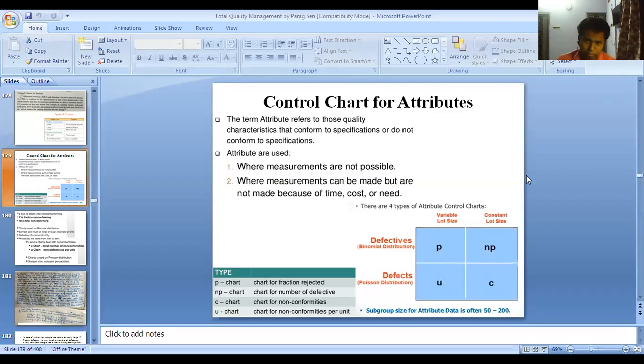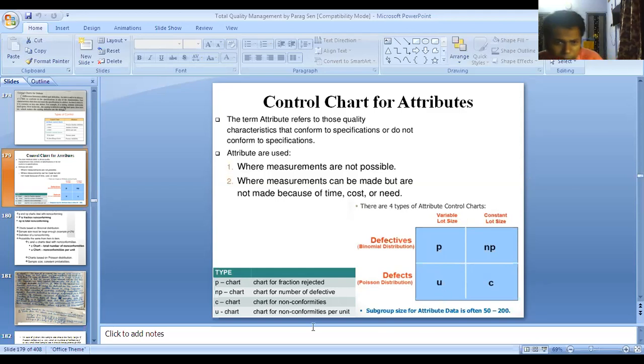But when each trial having two outcomes is not possible, this type of scenario is not possible, then we can go for Poisson distribution.